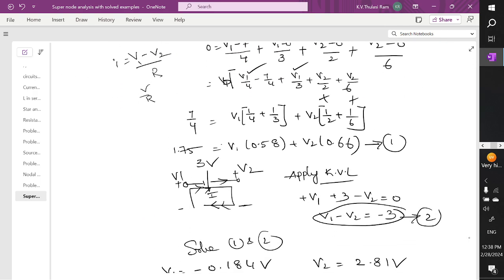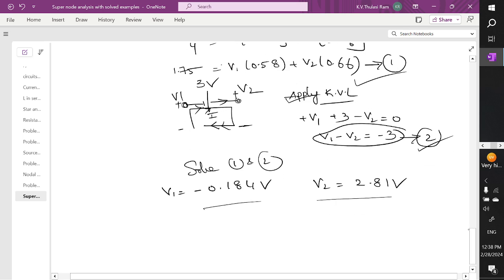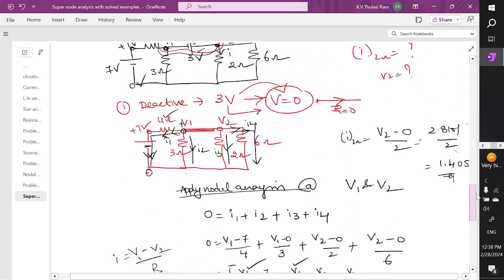Similarly, you consider that supernode concept between V1 and V2 and try to apply the KVL, then you'll get one more equation. Solve the first equation and second equation using your calculator, then you can get the values of V1 and V2.